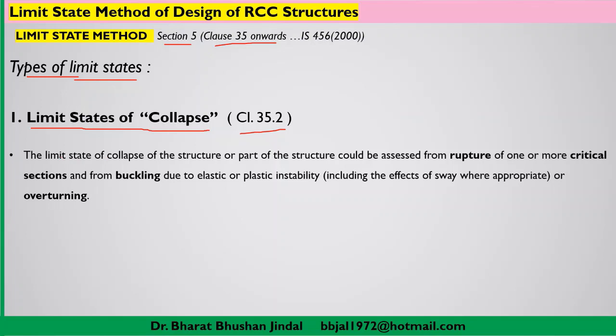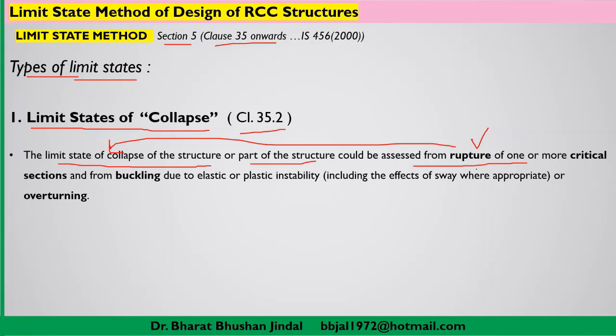Now let us understand it more effectively. The limit state of collapse of the structure, either the structure or any part of the structure, could be assessed from the rupture. So when you see some rupture in the structure or some component of the structure, then you will say now this structure is approaching the limit state of collapse. Because if there is any rupturing in a structure component, that does not mean that the structure has failed.